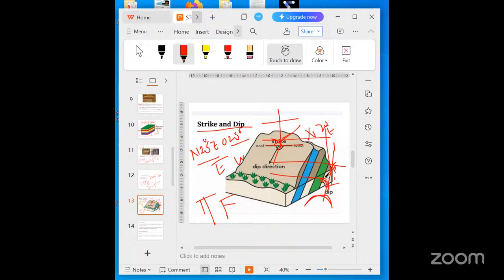Inclination of the bedding plane with respect to the horizontal. It is measured in a vertical plane lying at right angles to the strike of the bedding. So these are the definitions of dip and strike.